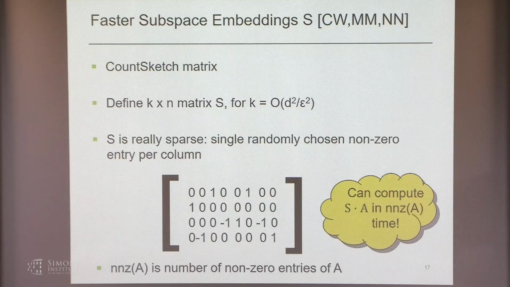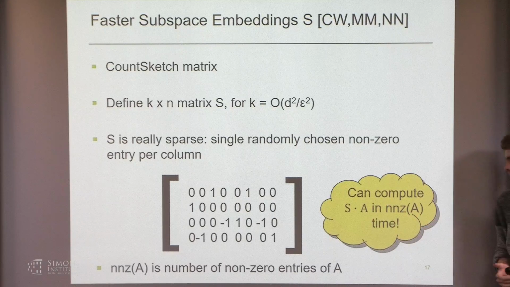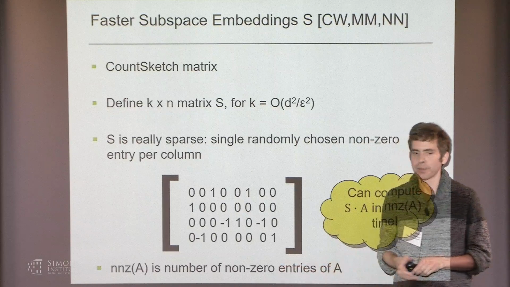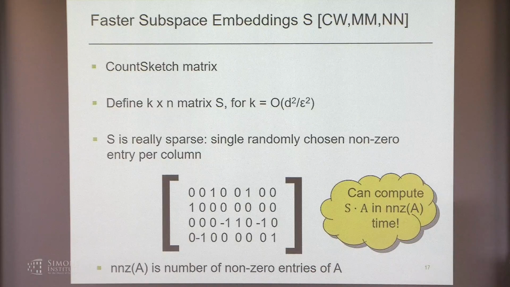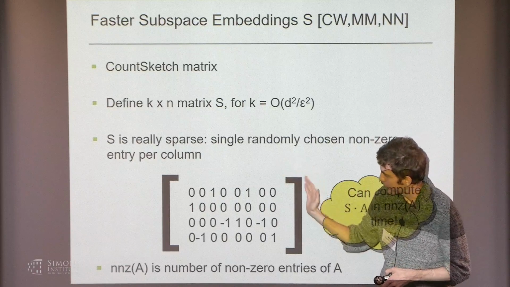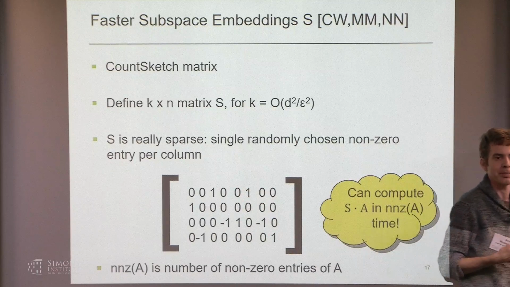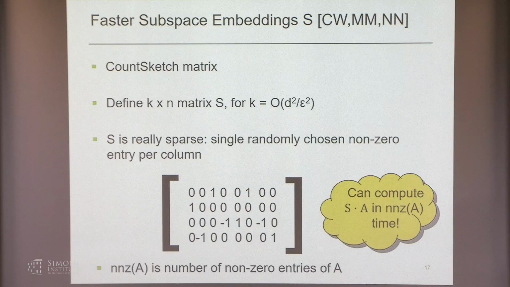So the nice thing here is that S times A can be computed in nnz(A) time, where nnz(A) is the number of non-zero entries of A. Why is that? For each column of A, for each non-zero entry, I look up the corresponding column in S, and there's only a single non-zero entry there. So I can update my matrix product in constant time per non-zero entry.